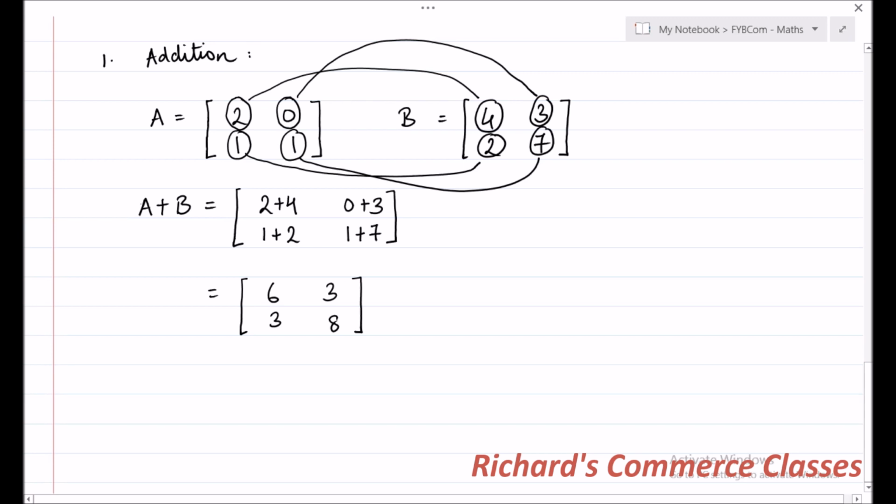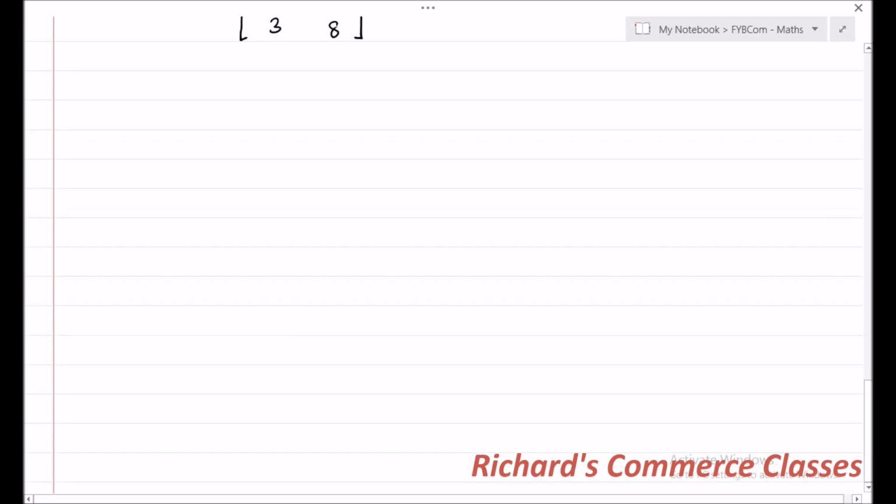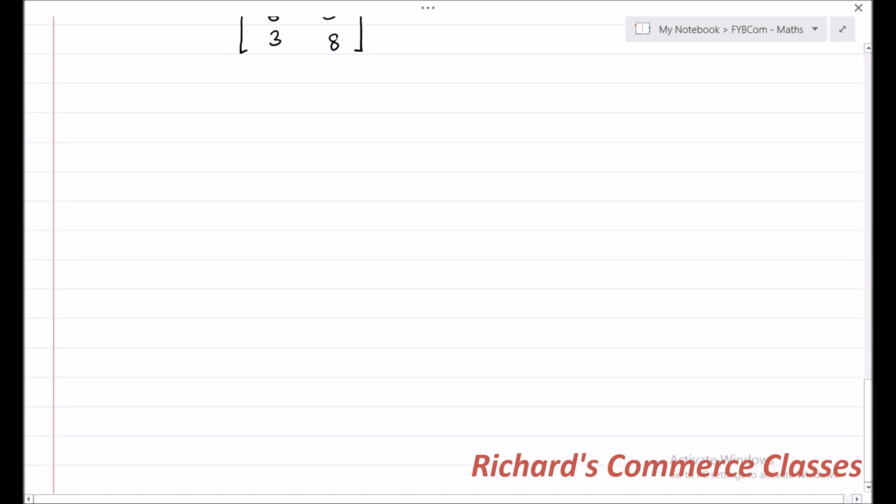Let's see how it works for a 3 by 3 matrix. A is equal to 0, minus 3, 4, 3, 1, 1, minus 2, 7, 9.